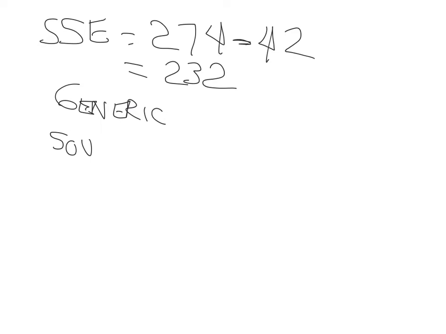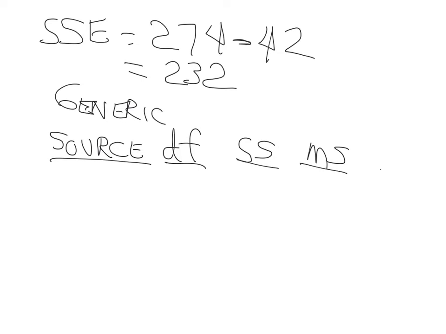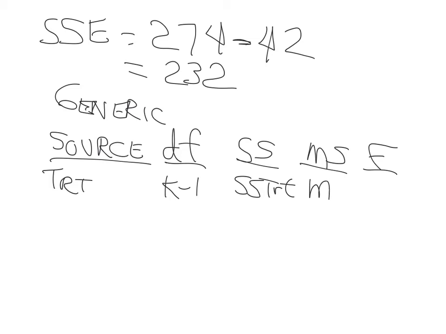You have source, degrees of freedom, sum of squares, mean square, and F. So you have treatment, you have K minus 1, you have treatment sum of squares, you have mean square treatment, and you have F star.